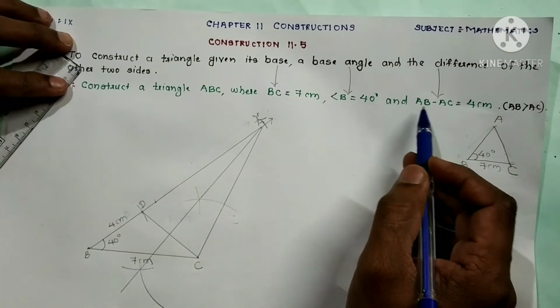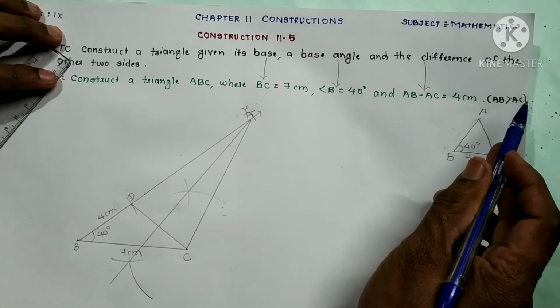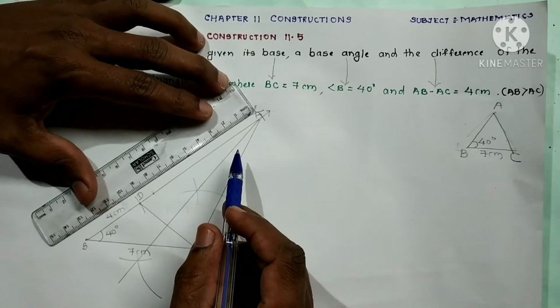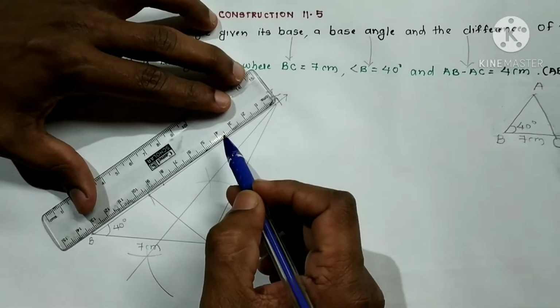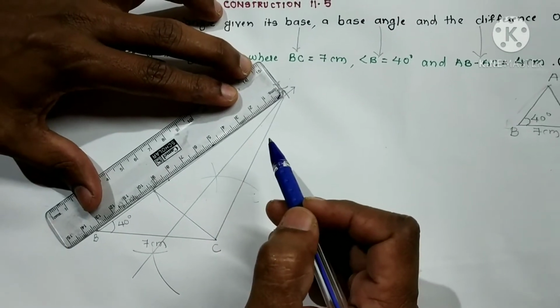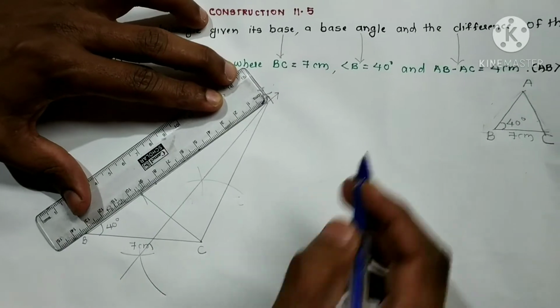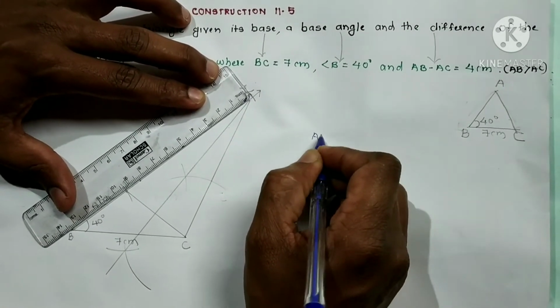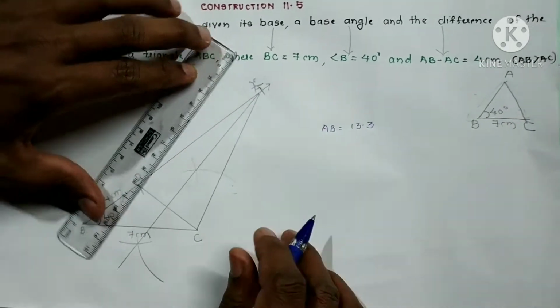Let us verify that AB minus AC is equal to 4 cm, where AB is greater than AC. First, measure this distance AB. So AB is equal to 13.3.